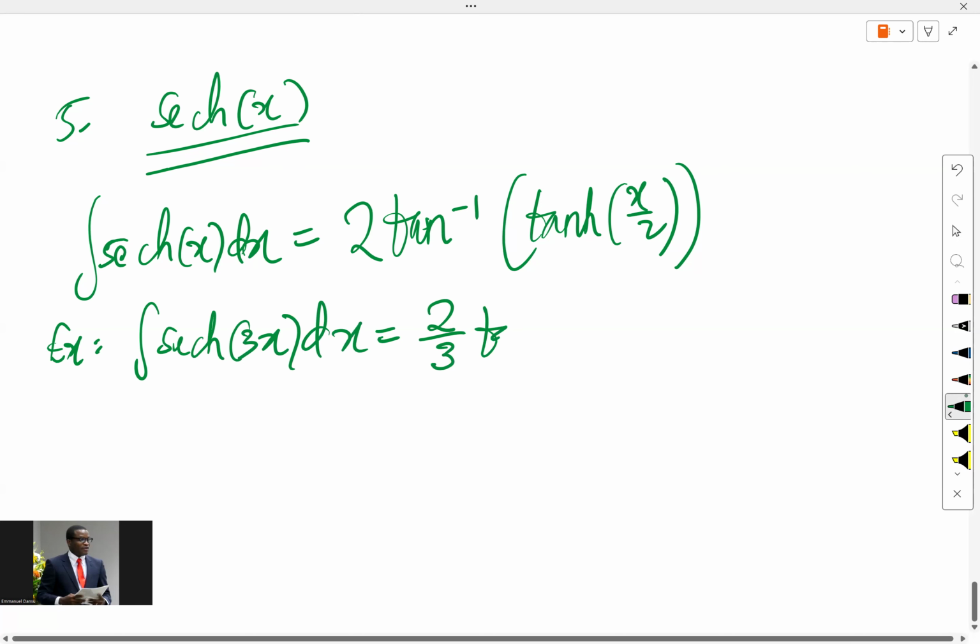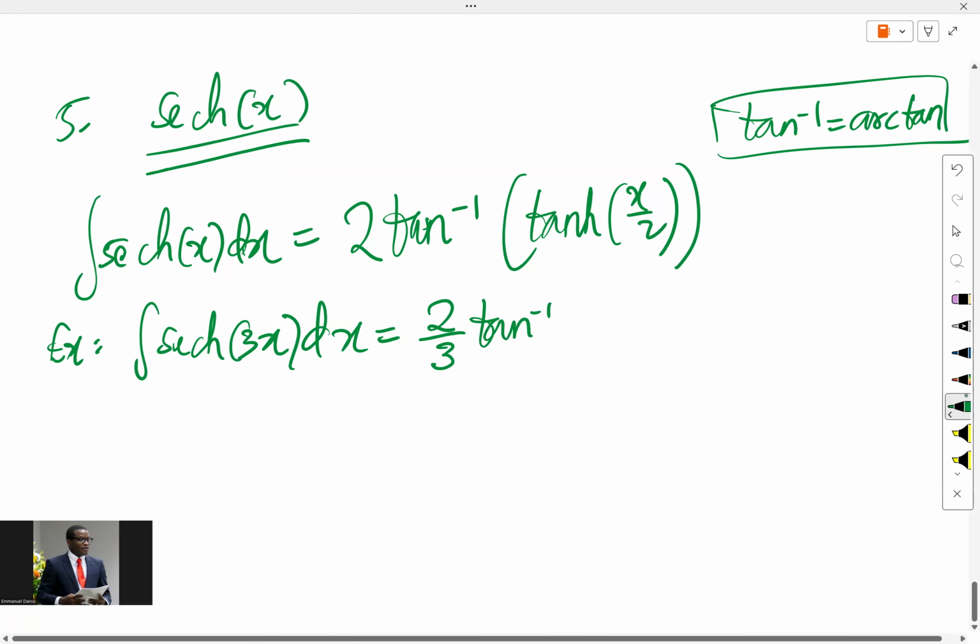Of course, you can write arctan this way, or you can say it is arctan like this. So either way is fine. I prefer to write it this way. I just like it, I feel it's cuter this way. Then you have tan 3x over 2 plus c.